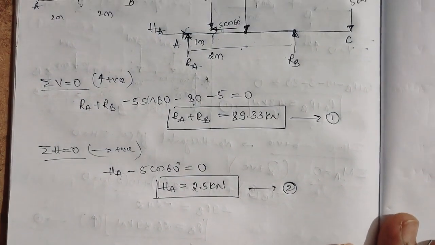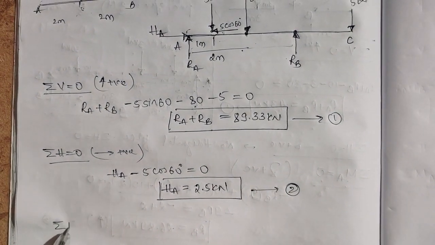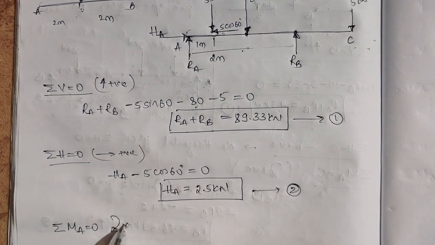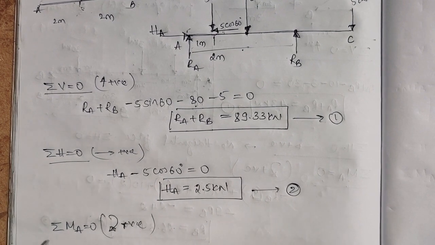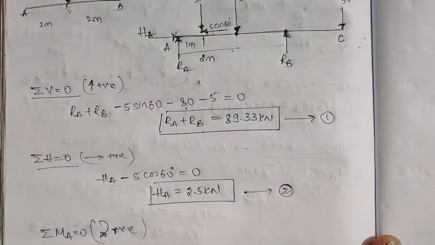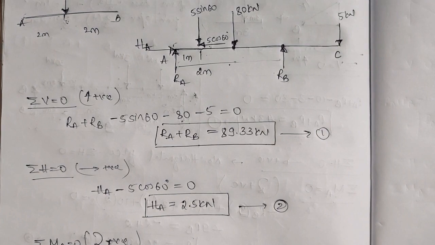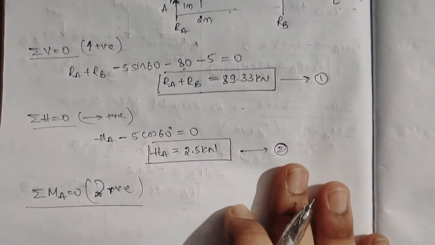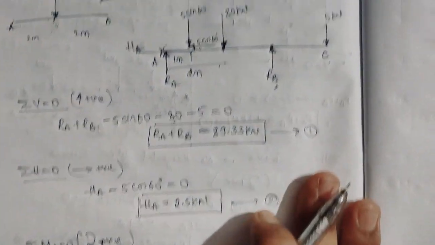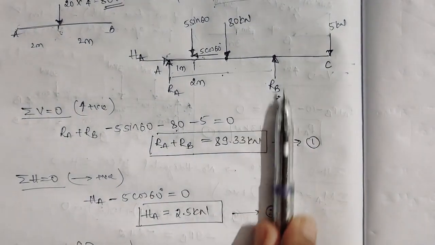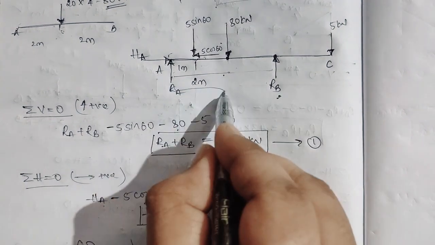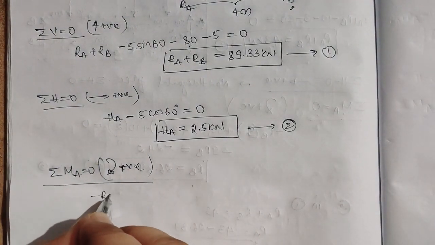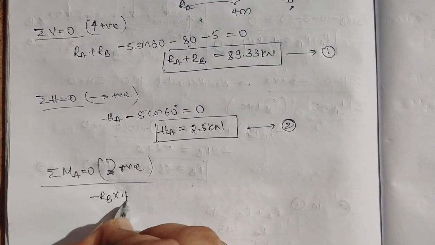Now we have to take moment. So moment about A is equal to 0, taking clockwise as positive. First I will take RB. RB will make an anticlockwise direction with a distance of 4 meter, so minus RB into 4.